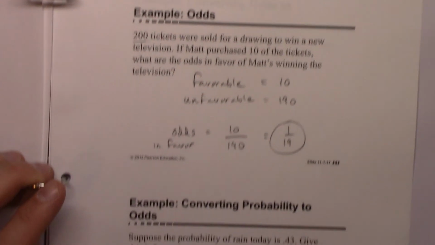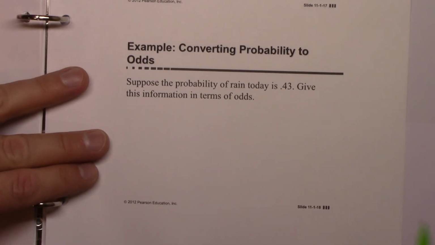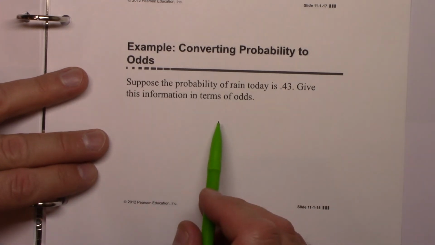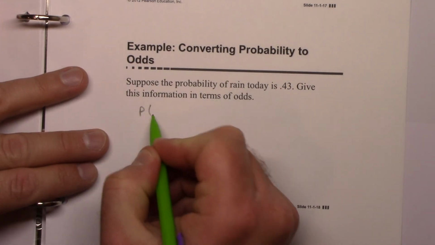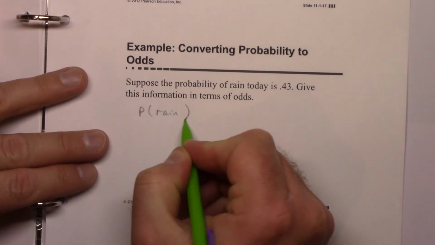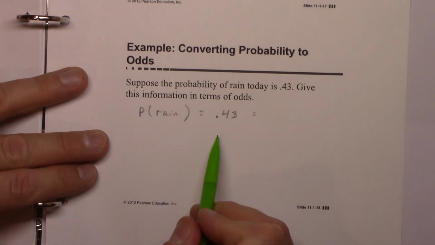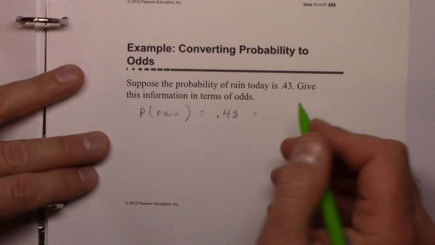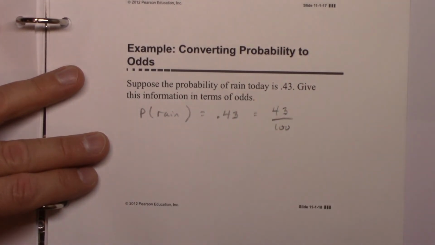For the next one, they tell us to suppose that the probability of rain today is 0.43 or 43%. Give this information in terms of odds. So start with the fact that the probability of rain, they tell us, is 0.43. Now I'm going to convert that to a fraction. That's 43 hundredths. So when I write it as a fraction, it's 43 out of 100.